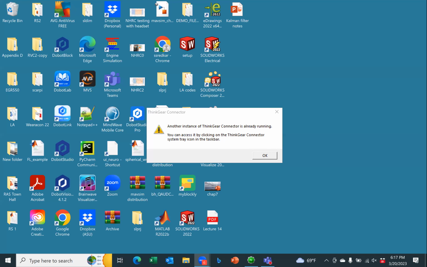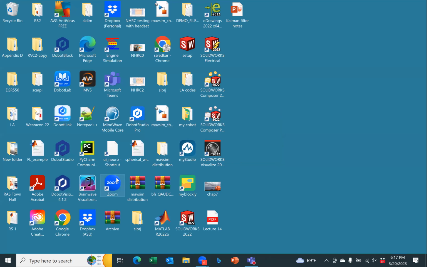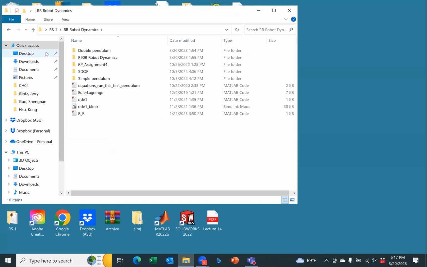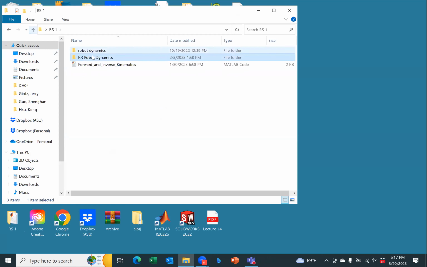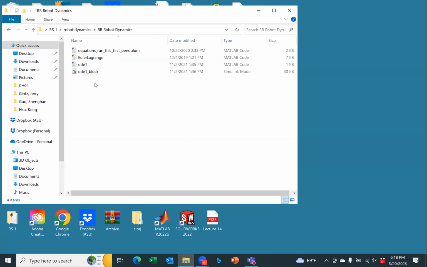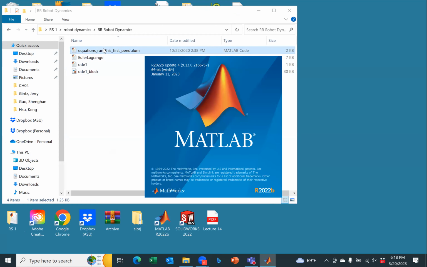And if you have downloaded the dynamic scripts, basically RR Robot Dynamics, run this first, open this code, and let's go line by line through this code.